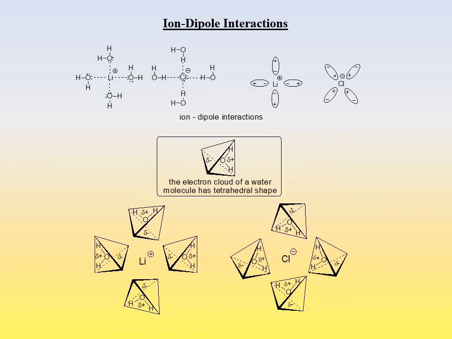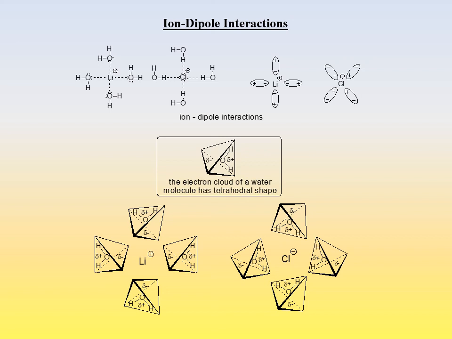And finally, interactions that I mentioned earlier that exist only in a solution are ion-dipole interactions. Of course, ion-dipole interactions exist only in solutions of polar solvents, and water is a polar solvent. Even though the primary interaction of molecules of water is hydrogen bonding, water is also capable of dipole-dipole interactions because, of course, it's a dipole.